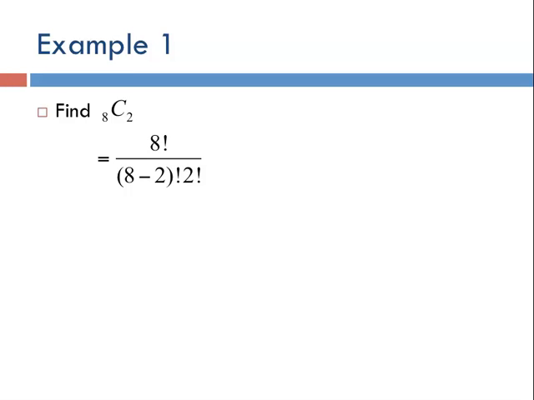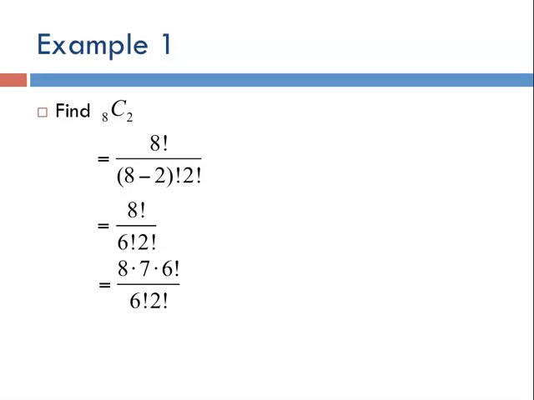Okay, so let's simplify what we have here. The 8 minus 2 in parentheses becomes 6 factorial. And if there's any way for you to simplify without needing to write 8 times 7 times 6 times 5 times 4 all the way down to 1, we're going to try to do that. So for example, here we can write the top as 8 times 7 times 6 factorial, because 6 factorial is going to be 6 all the way down to 1. Now, why do we do that?